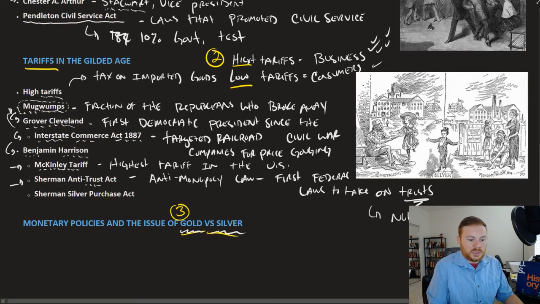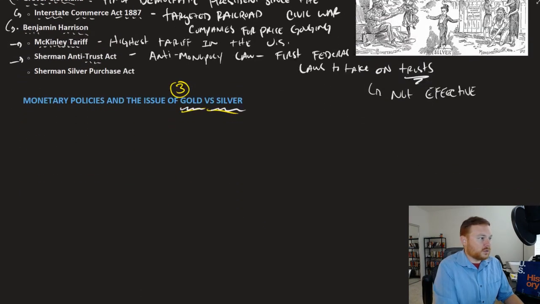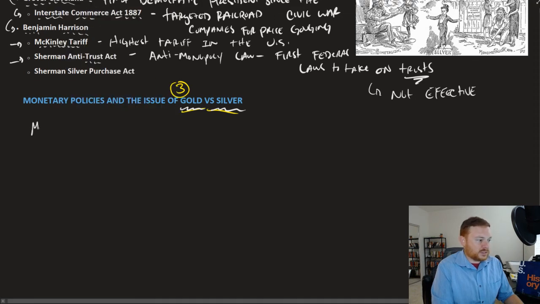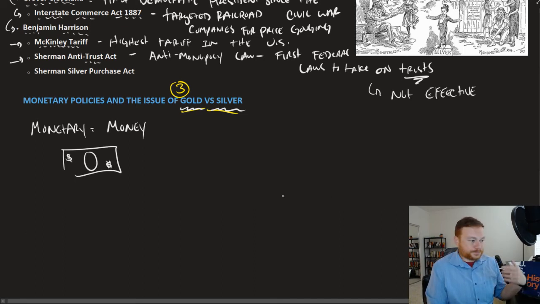What do we mean by gold versus silver? We essentially mean what is the base of the monetary system, right? Monetary equals money. There was paper currency being used at the time, greenbacks from the Civil War. But the question was, what should be the backing, the basis, of that currency?